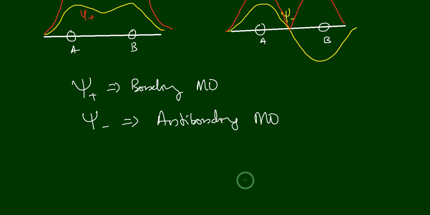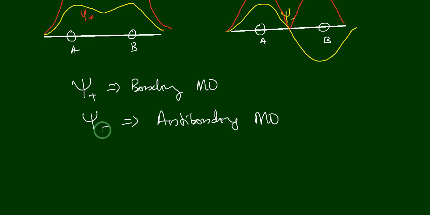If the system is in the ground state, then the electron will occupy psi plus, and there will be a bonding. The system's energy will be less than the energy of the individual hydrogen atoms, and if the electron is occupying psi minus, then the system's energy will be greater than the energy of the individual hydrogen atom and the hydrogen ion.